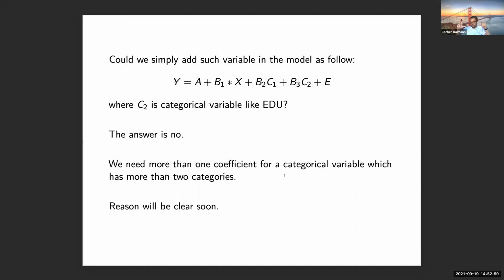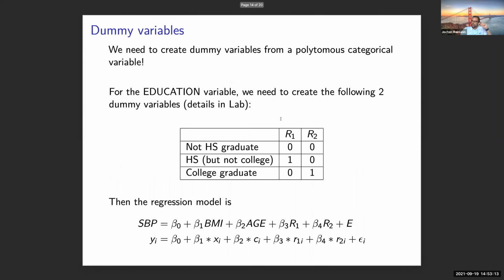If you now have 3 groups, you need a different coefficient for each grouping, keeping 1 as a reference group. So essentially, we need more than 1 coefficient. And this is usually done with a so-called dummy variable.